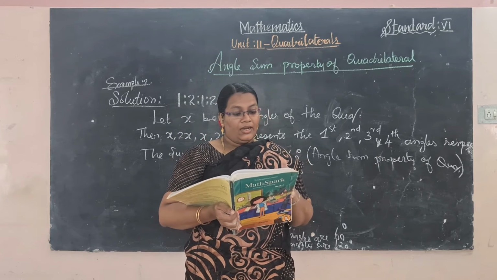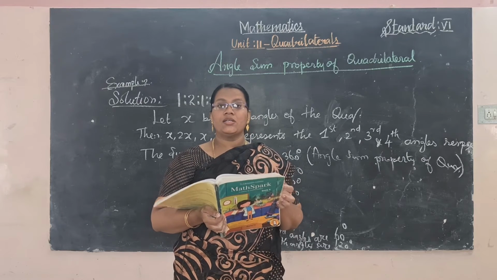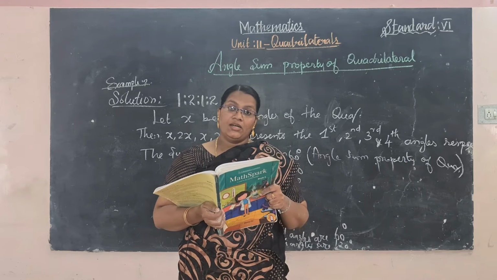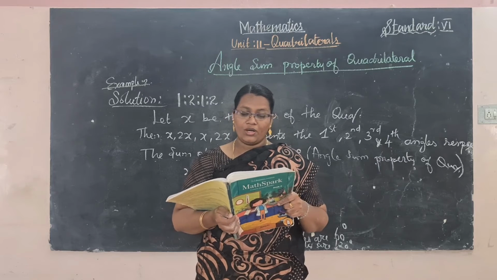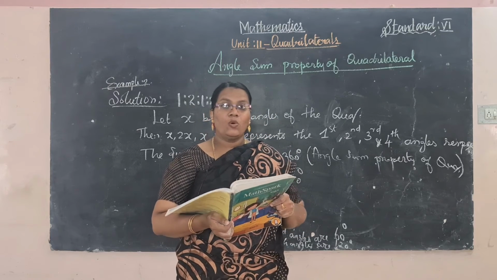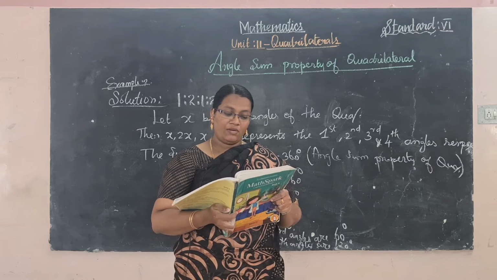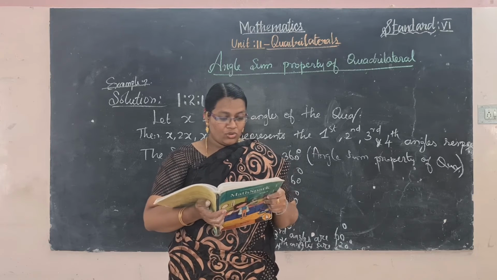The second one is also homework, a very easy one. The points that lie inside are called the interior, the points that lie outside are the exterior, and the boundary of the quadrilateral means the points that lie on the line segments at the boundary. Write those answers and send them to the group. The first two are homework.